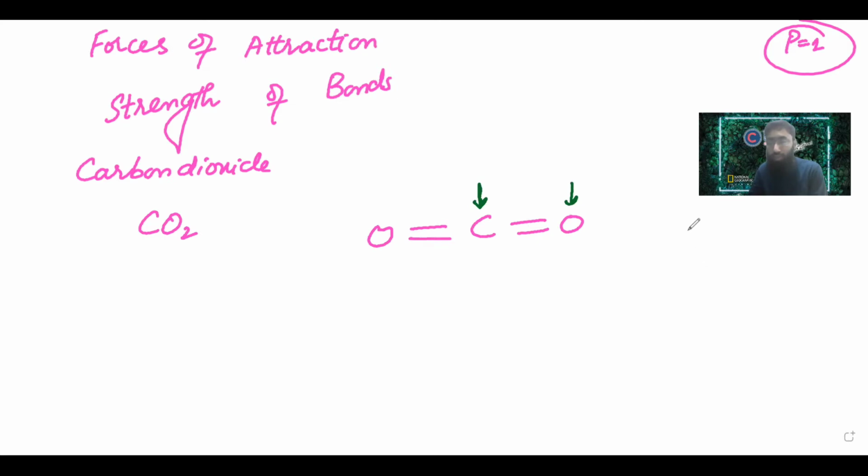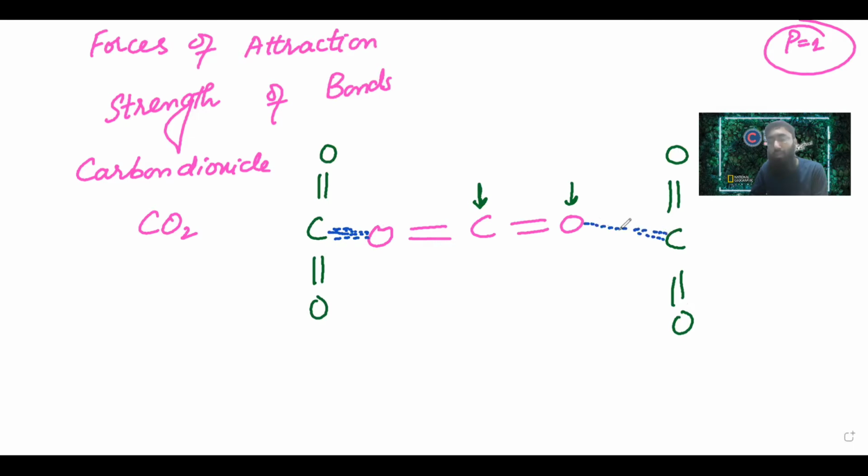Just imagine this is another carbon dioxide molecule, and this is another carbon dioxide molecule, and the forces of attraction are like that. There is force of attraction between the carbon of this carbon dioxide and the oxygen of this carbon dioxide, and there is force of attraction between the oxygen of this carbon dioxide and carbon of its neighboring carbon dioxide.